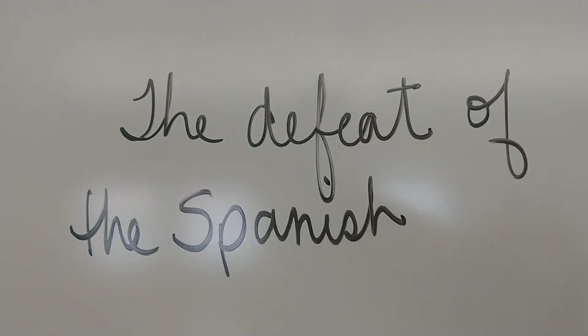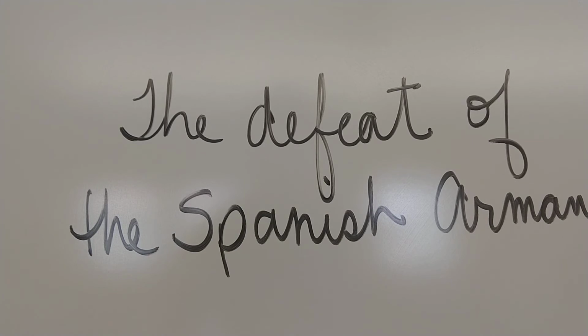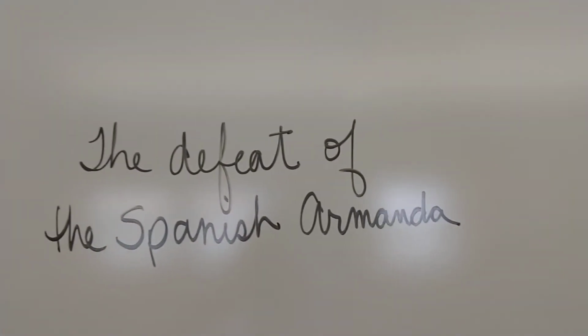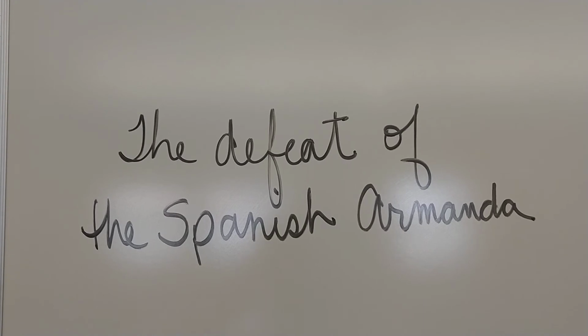And you're going to learn what that is next week when we begin reading that lesson. It was another miracle that God did for the British people, for the people who would be the founders of our country. So the defeat of the Spanish Armada goes on those last two lines about 1588.